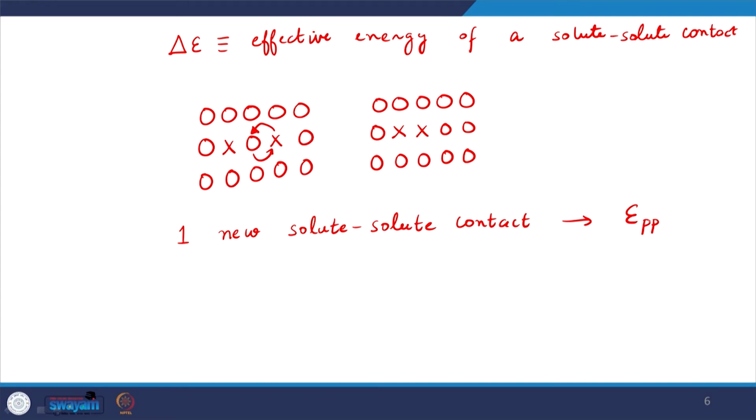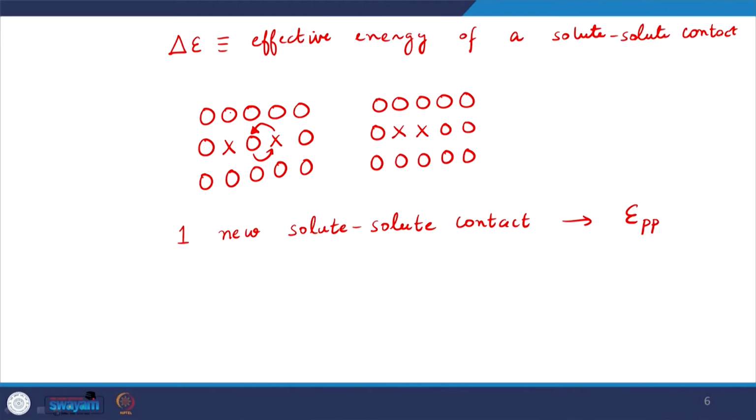Now, let us look at what is the change in the number of solute-solvent contacts. So, in this case, this guy was earlier forming 4 contacts with the solvent molecules, and this guy too was forming 4 contacts with the solvent molecules. So, in total we had 8 solute-solvent contacts. In the new configuration, this guy is forming 3 contacts with solvent molecules, and this guy is also forming 3 contacts.